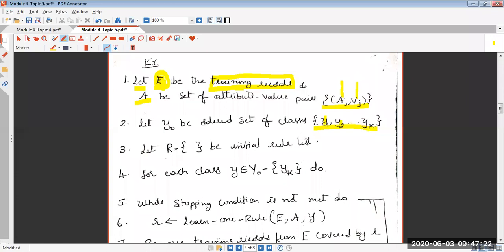There can be n number of classes. All the classes have been put inside flower braces, and he has labeled it as y naught. So y naught is a representative of all the classes. This was step 2.